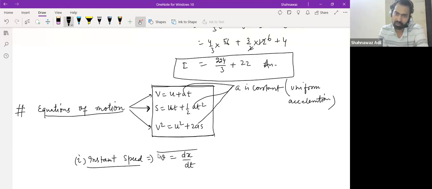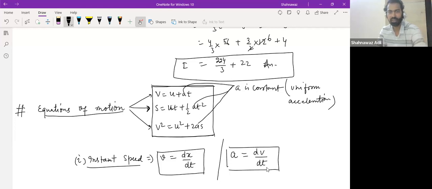Right. And also, what is acceleration? This is dv by dt. Is that clear, guys? These two parts we already did, right? Is that clear to you guys?